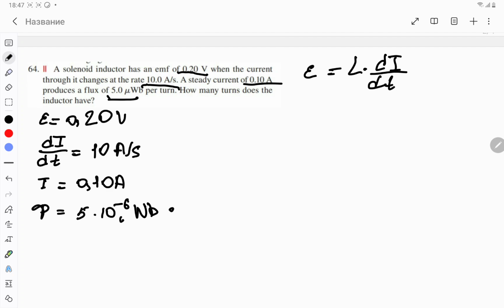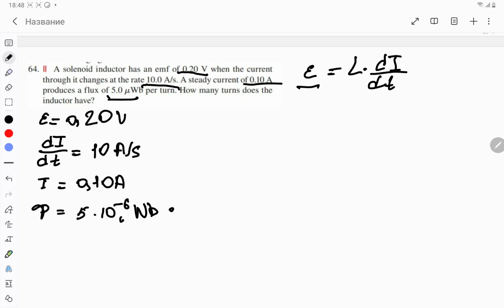So let me explain why we use this formula. Because when the current in a coil changes, the inductor resists that change and creates a voltage. That's what we call induced EMF. And this formula shows us the relationship between the voltage EMF and how fast the current is changing, and also how strong the inductor is.